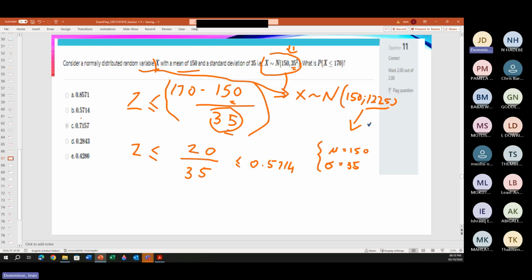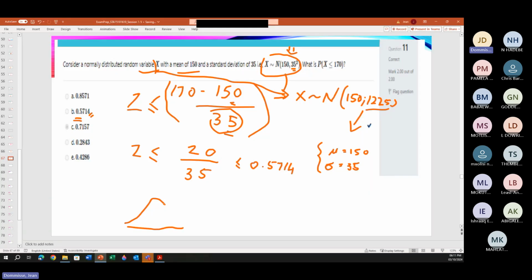Okay, so just look at that answer. If we worked out the Z, there is an answer for you. Okay, but we want to work out what is the probability. So we need to go again to our Z table. That is Z equal to 0.5714.